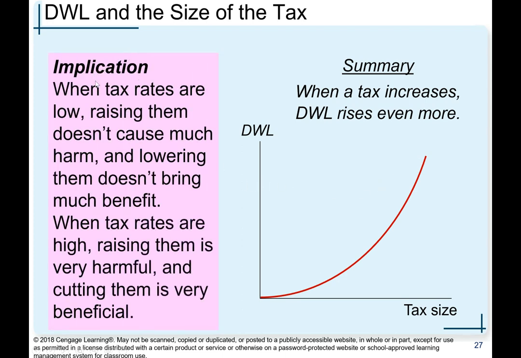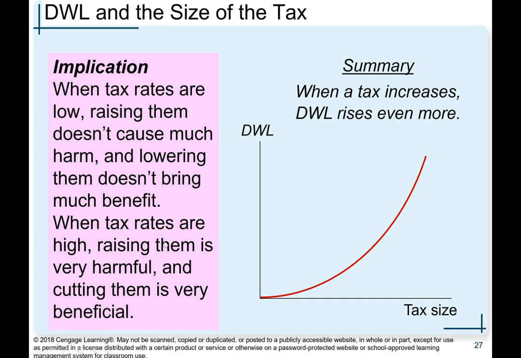What are the implications of this? When tax rates are low, raising them doesn't cause much harm. As you can see, the slope increases slowly, and lowering them doesn't bring much benefit either. However, when the tax rate is already high, you can see the slope of this line rises very sharply.